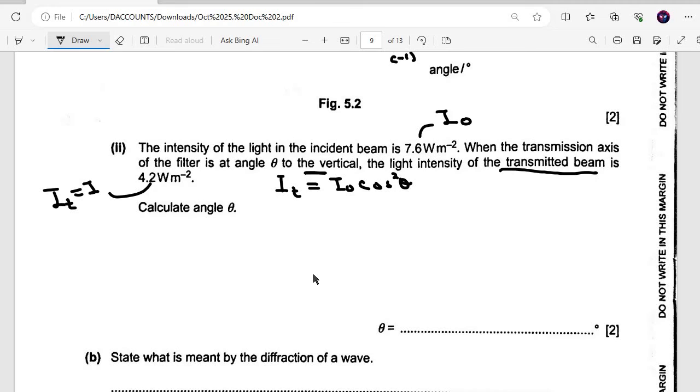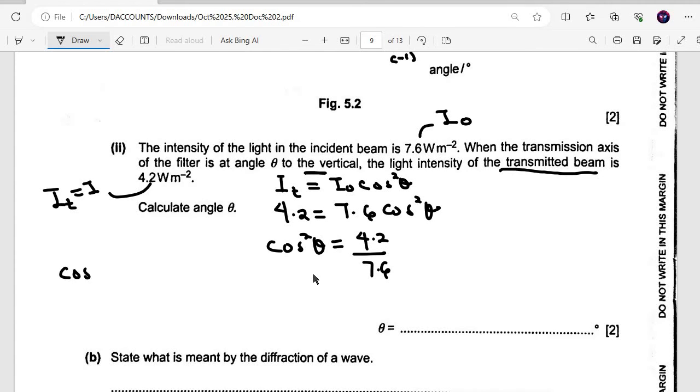So we are looking for theta. Transmitted is 4.2, incident is 7.6 cos squared theta. So cos squared theta is 4.2 over 7.6. So from here, cos theta is the square root of 4.2 over 7.6.